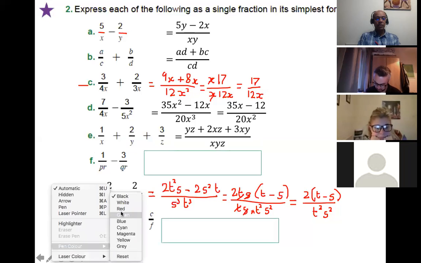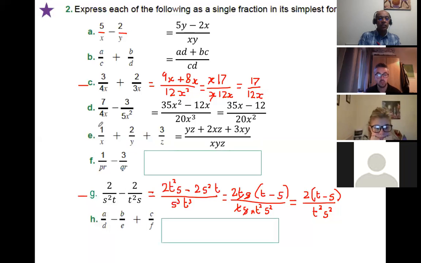The first step was doing 1 over x plus 2 over y, and the answer to that was just added to 3 over z. So that would have been y plus 2x divided by xy, that's what's in the brackets, plus 3 over z, and this time you'll have your xyz at the bottom, 3xy, yz plus 2xz. Okay?